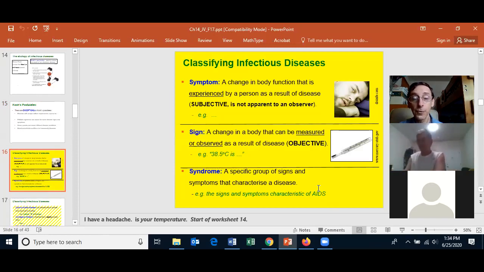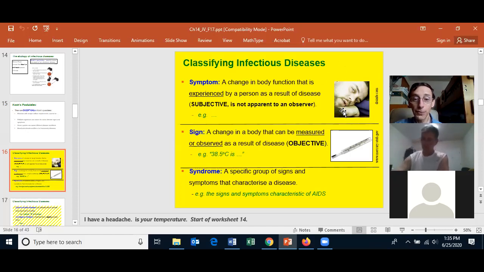If not, let's move on to the topic of classifying infectious diseases. There's a lot of terms for classifying infectious diseases. When we say a patient has a symptom, that means they have a change in their body function that is experienced by the person as a result of disease, but only that person can experience it.